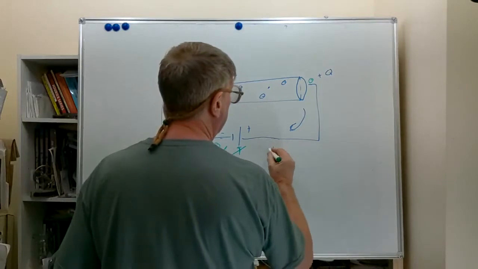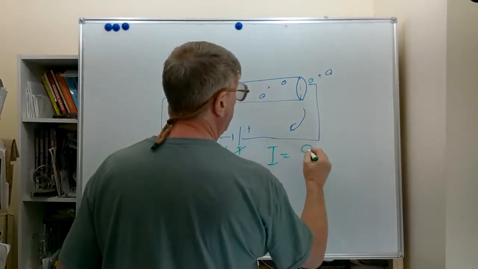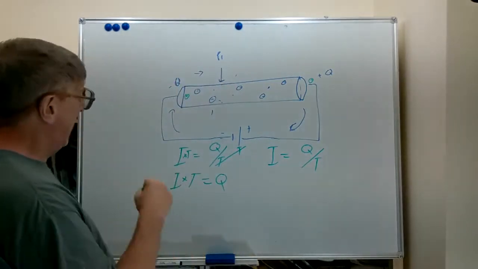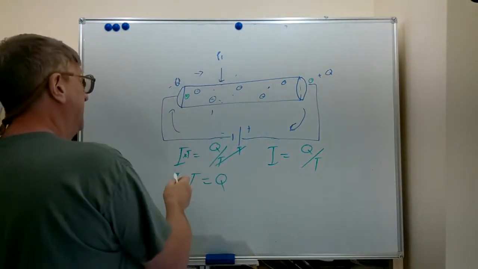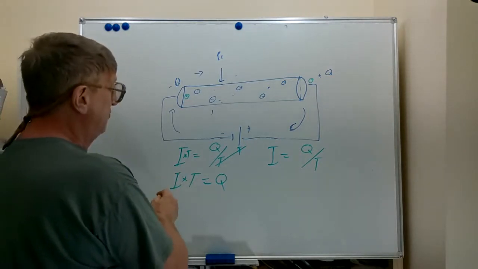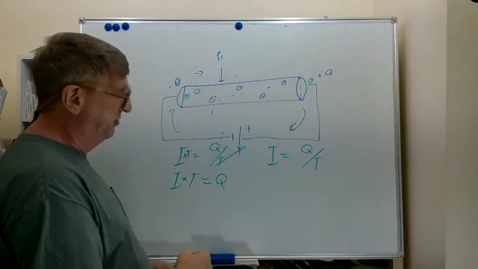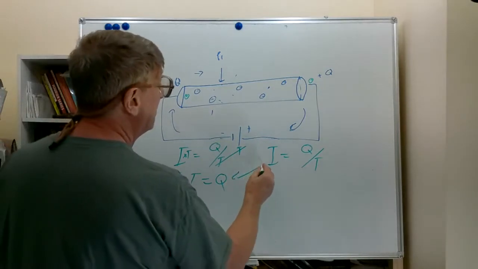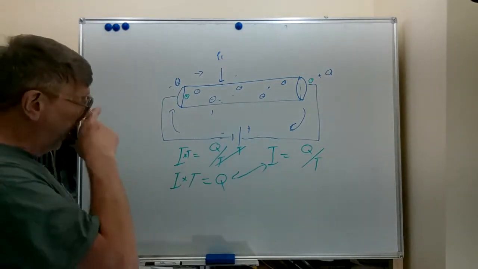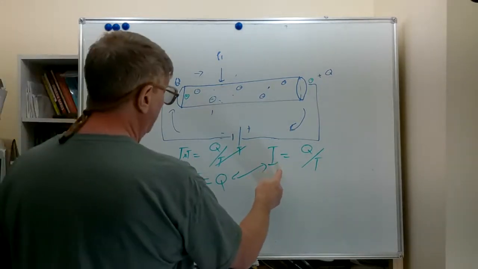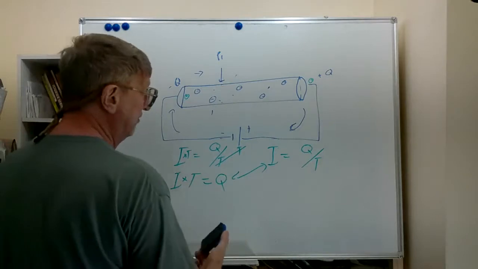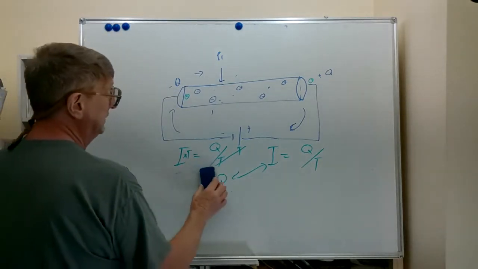Current was equal to charge moved per time, and charge moved is the rate of flow, the current, times the time during which it moved. So you can see these are very, very closely related. This one's solved for I, that one's solved for Q. They're basically the same equation solved for a different variable.